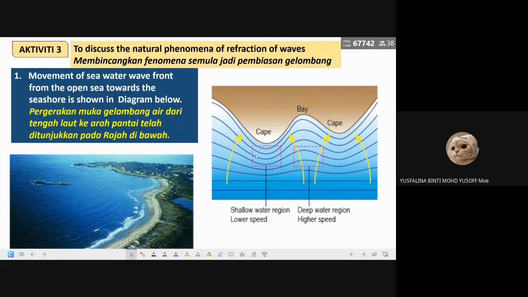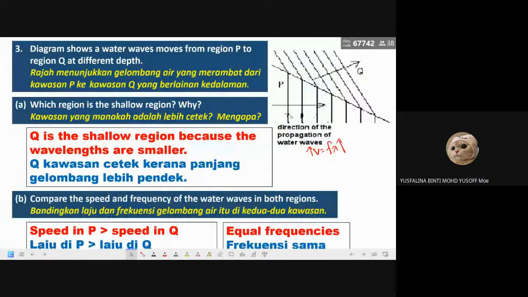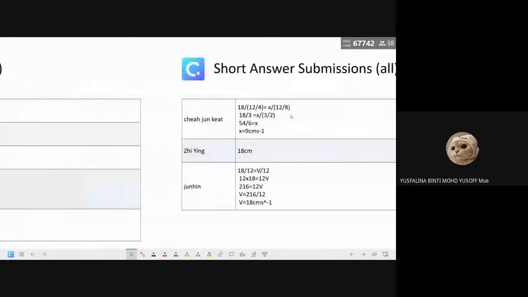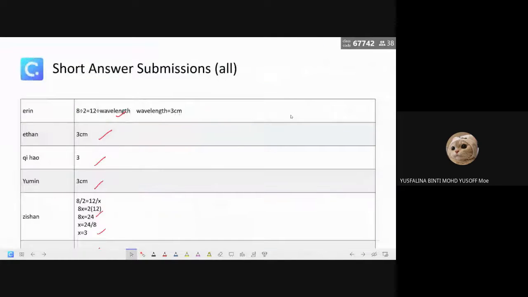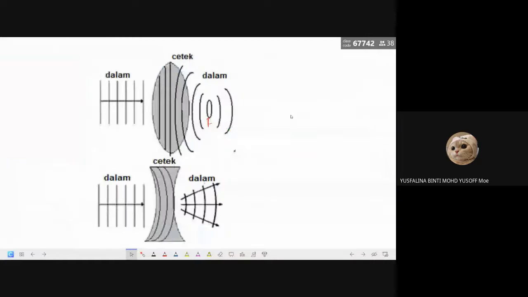Shallow water region, so it has a lower speed, since it has a smaller wavelength. But because of the shape here, you can see the shape of the cape is convex. Remember just now, the wavelength that we see when it comes from the convex.